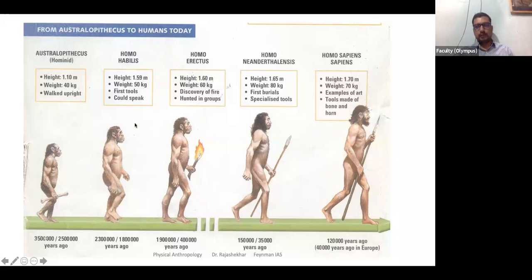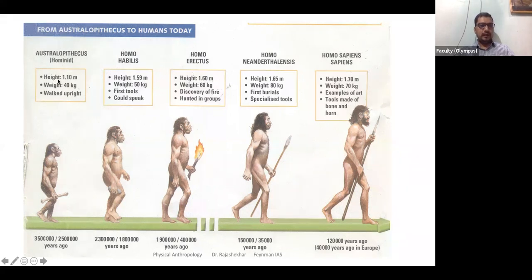Features are again evolving to look more like humans. And then Homo erectus. You see Homo erectus is holding the fire, where probably within his time, fire was invented. And then came Homo neanderthalensis. Various specialized tools were created. And then today, Homo sapiens sapiens, humans who know they're wise.